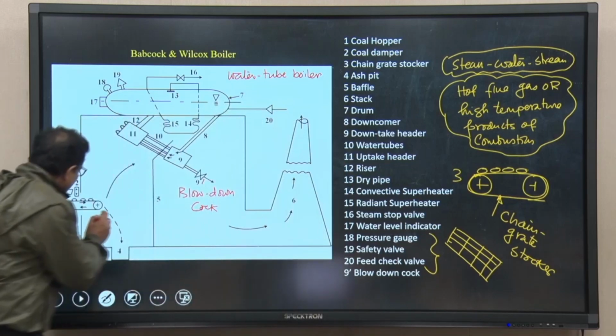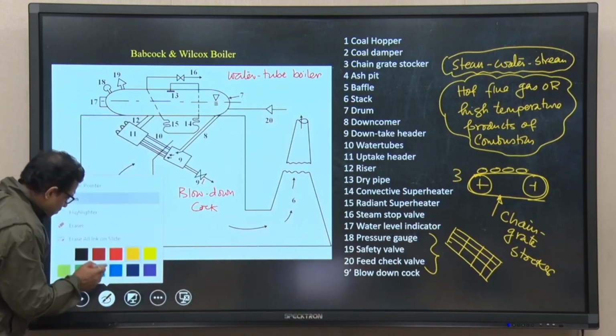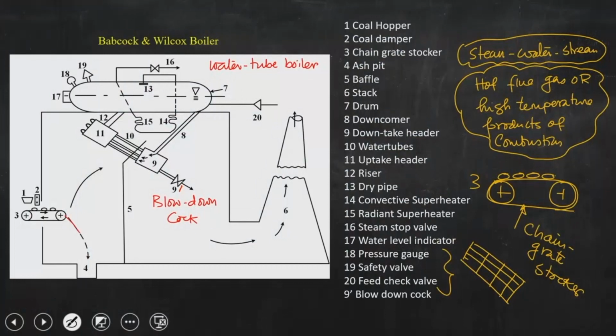So, that ash will come into this ash pit in this direction, and that is shown by this arrow. So, ash will be coming and will be stored in 4, that is the ash pit, right. So, that is what is shown. Ash is coming, that is the residue, and another thing is hot flue gas, that is the high temperature products of combustion.